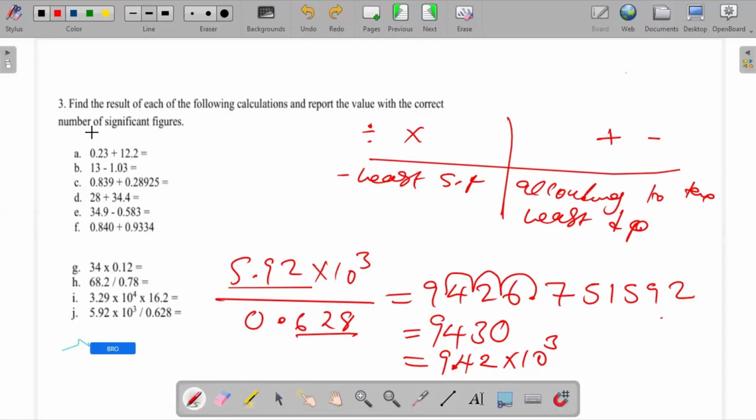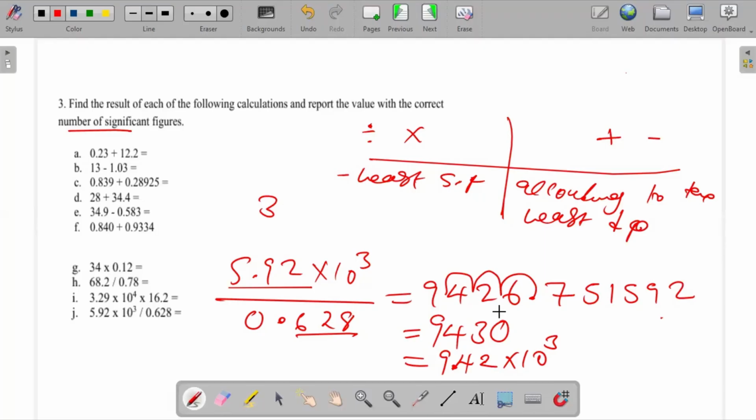Now what we want is to have the correct number of significant figures, which is 3, according to the principle that we've agreed here: when dealing with division and multiplication, we leave our answer according to the one with the least significant figures. And we notice that the least here is 3, right? So we need to have our final answer to 3 significant figures.